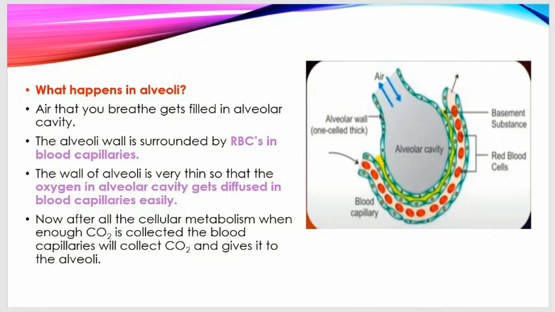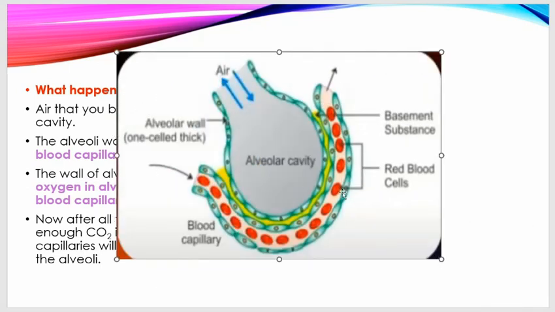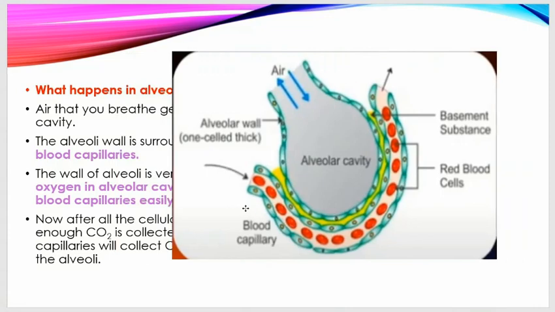You can see that the entire air, that is, the oxygen-filled air, is going to fill up this alveolar cavity. So, it is going to balloon up, and the alveoli wall is surrounded by blood capillaries. Can you see here? There are a lot of blood capillaries here, right?